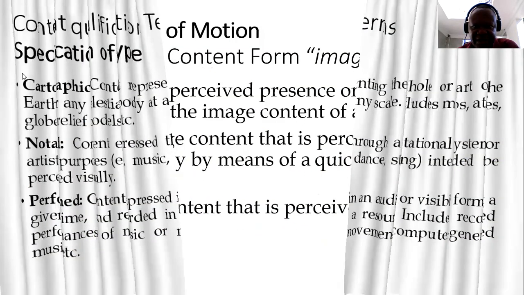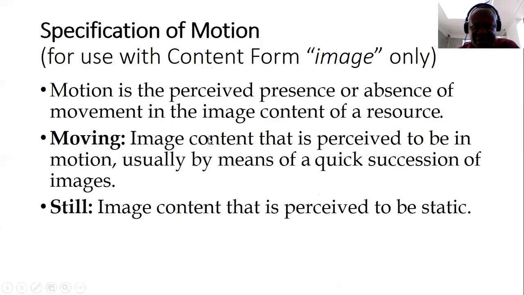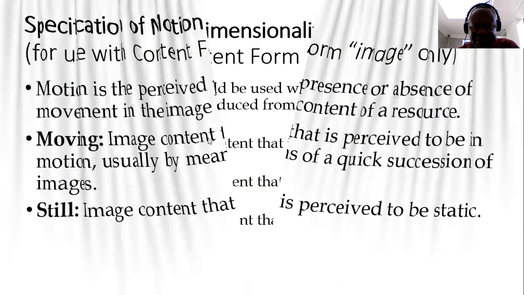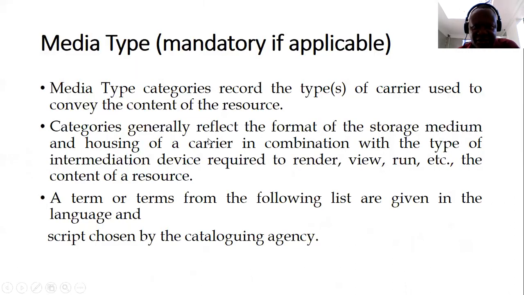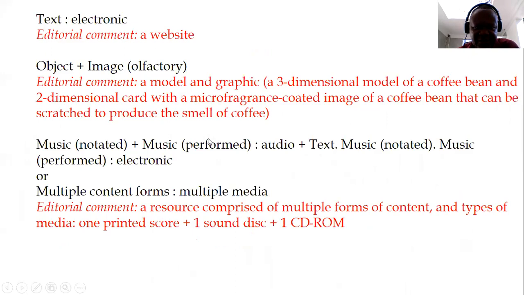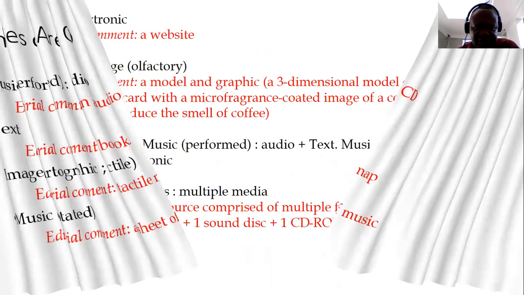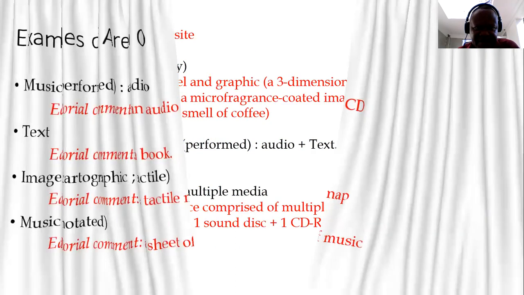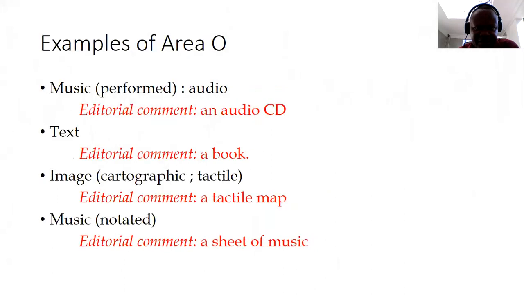Before I move to another specification of motion, I want to see the examples. How is music described in the examples I have here? I had one in the first slide. We have examples.